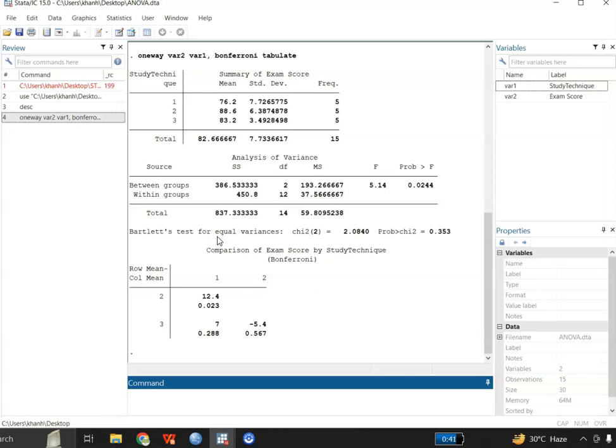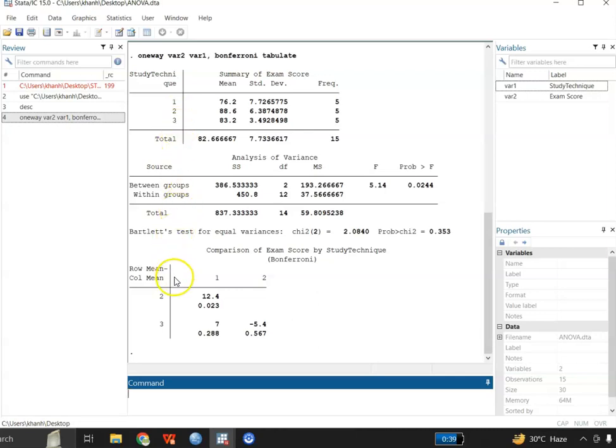Since this value is greater than 0.05, we fail to reject, and we accept that the variances of the exam score for the three different techniques are equal. That is, they are homogeneous, so there is no difference in variance across students using different study techniques.